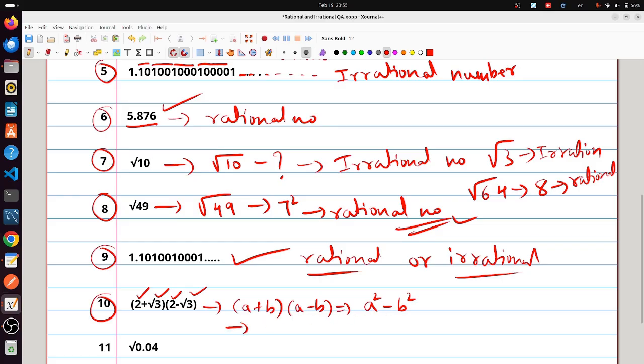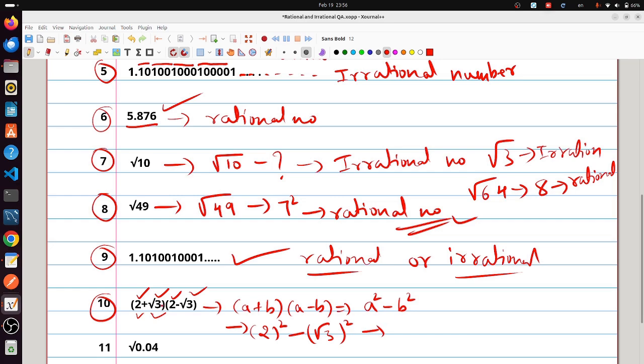Just substitute that. a square means here 2 squared, minus b square means root 3 whole square. Remember guys, first we need to solve the problem, then only we can consider it as a rational or irrational number.